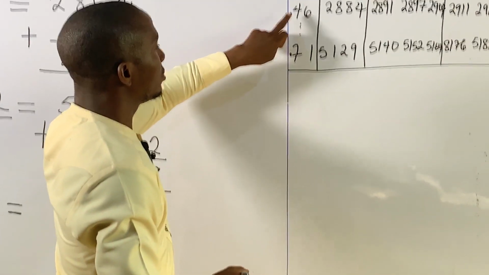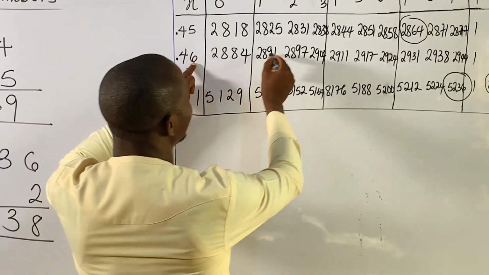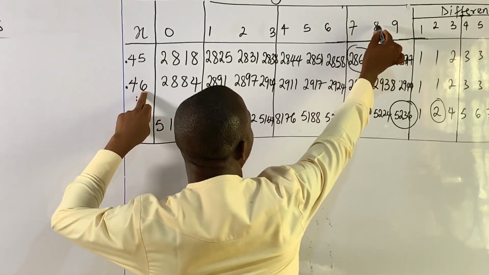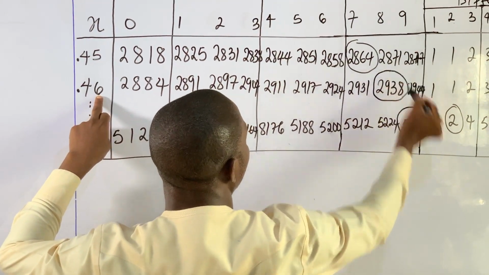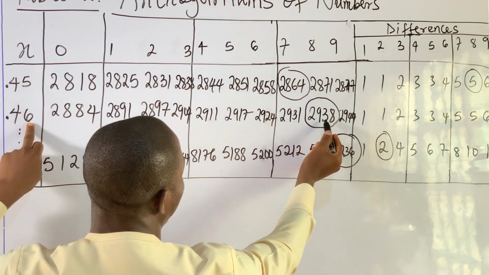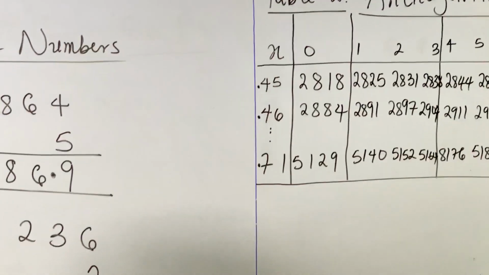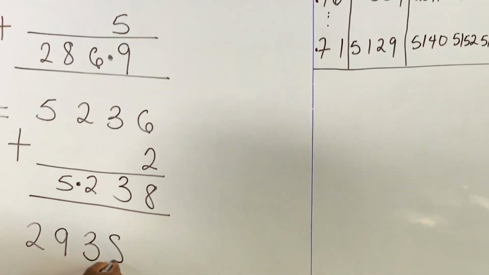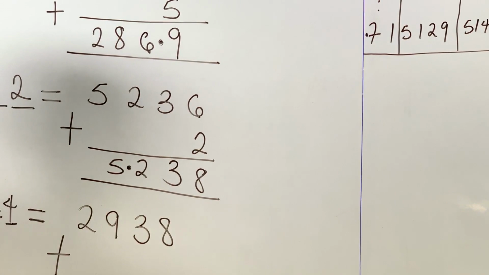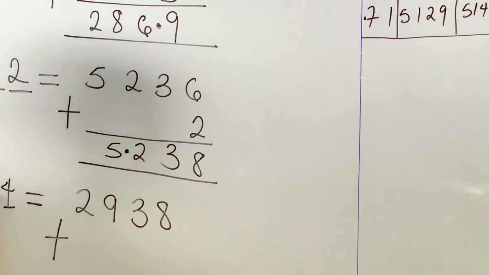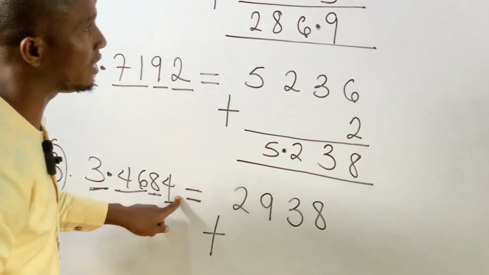So this is the table, 0.46 under 8. Under 8 is 2938. So we come back here, 2938 plus, so you add the difference, which is 4. Let's go and check for difference 4.